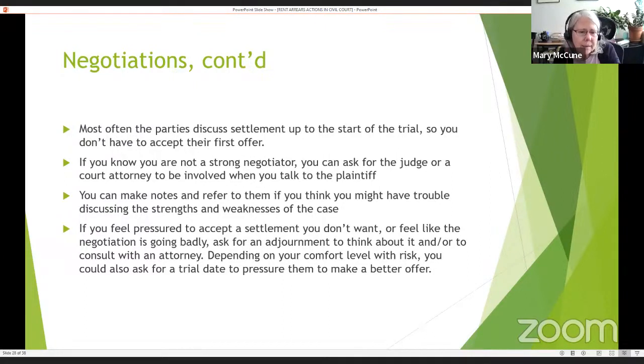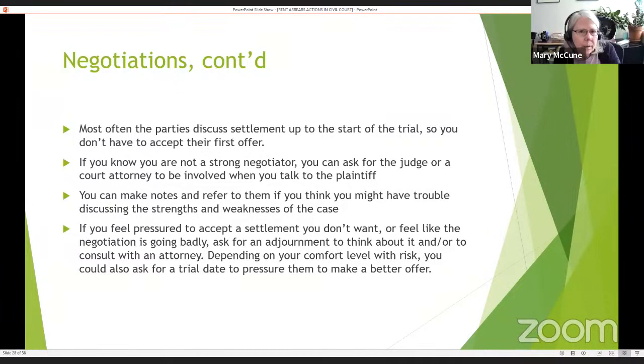The problem with that is sometimes the judges and the court attorneys aren't always helpful, but the plaintiff's attorneys can be very abusive and very bullying and very intimidating if you're speaking to them alone. So at a minimum, they will have to behave somewhat more politely if they're in the presence of court personnel. So there is that advantage.